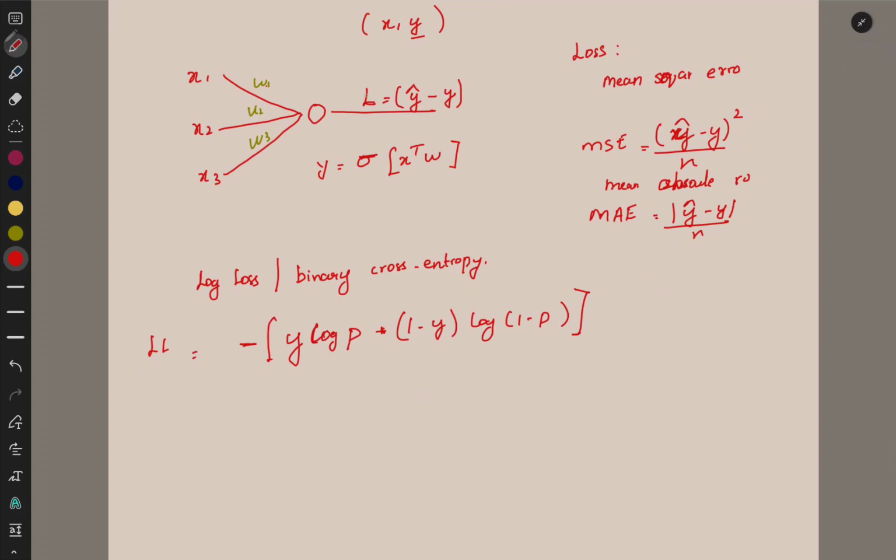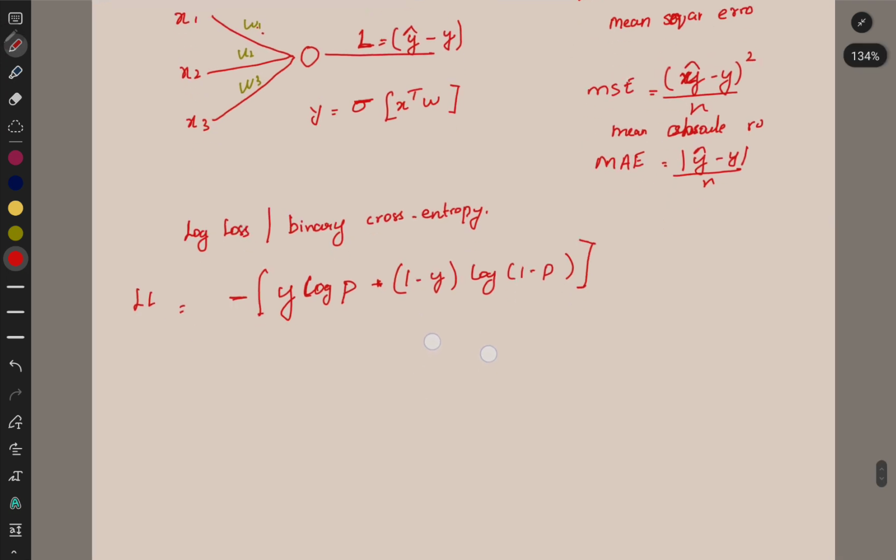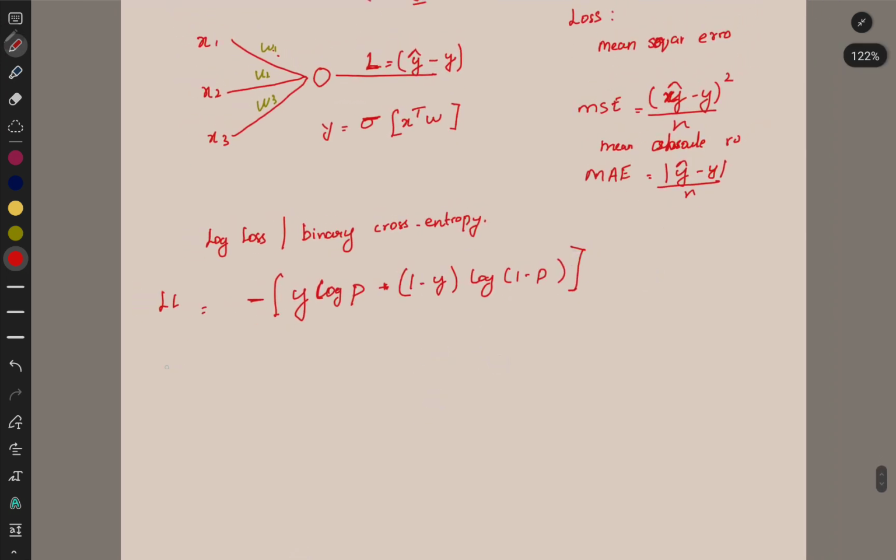After finding the loss, how are we going to update the weights w1, w2, w3? For that, initially you take stochastic gradient descent.